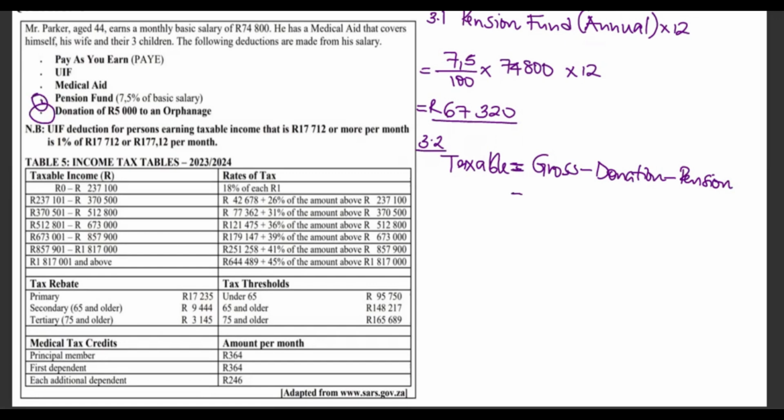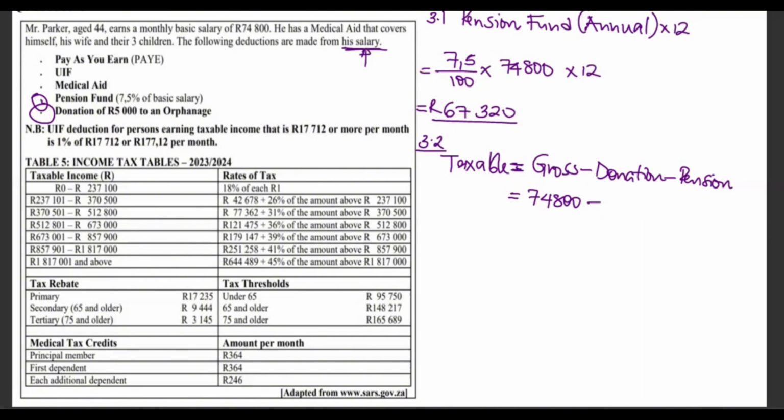So we take his gross, which is this much, minus the donation of 500 to an orphanage. The deductions got made from his salary, so that is per month.